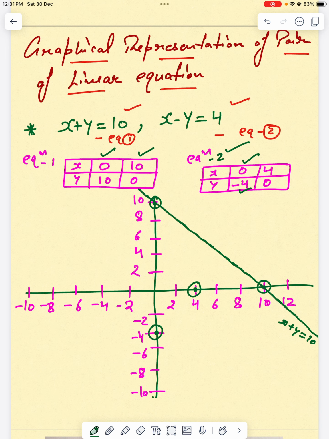Now let's draw the graph by joining the coordinates. This is our second straight line, that is for the equation x minus y is equal to 4. See, the two lines are intersecting at this coordinate, right?